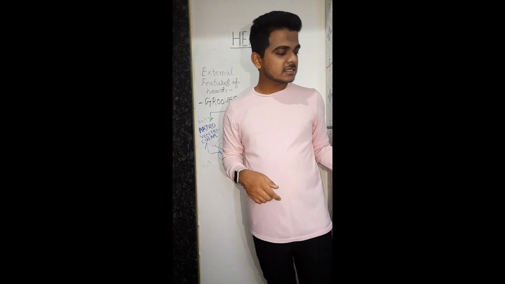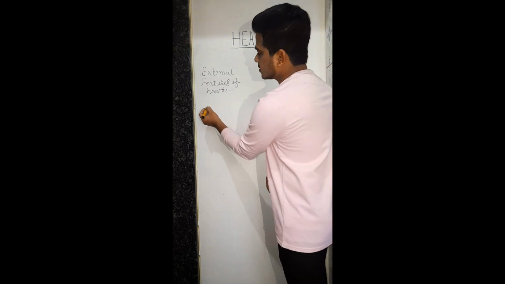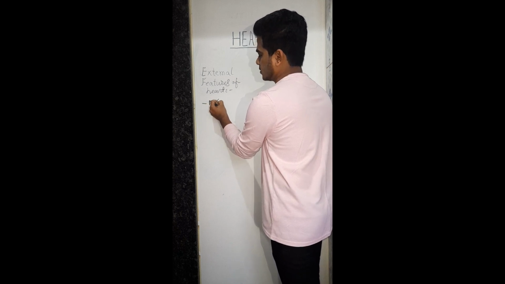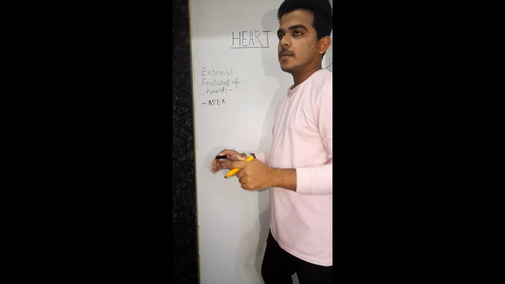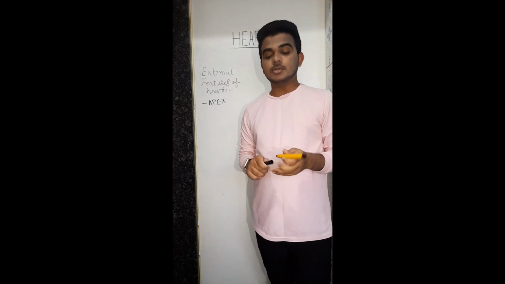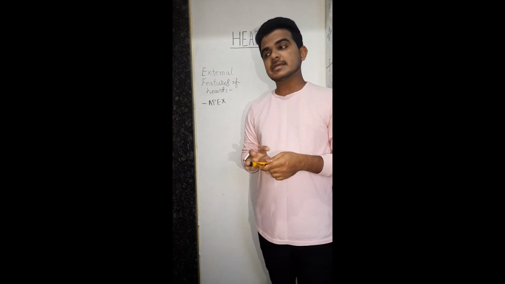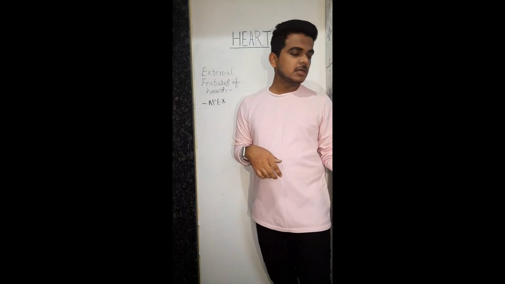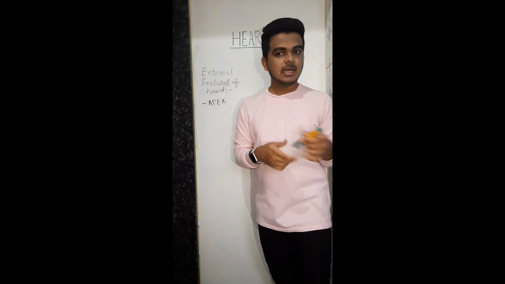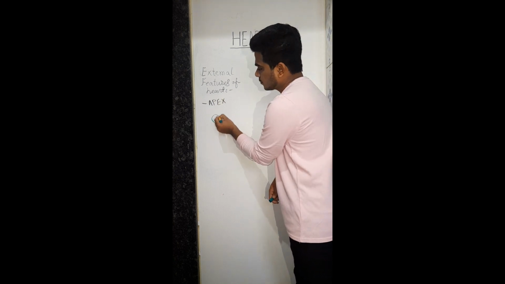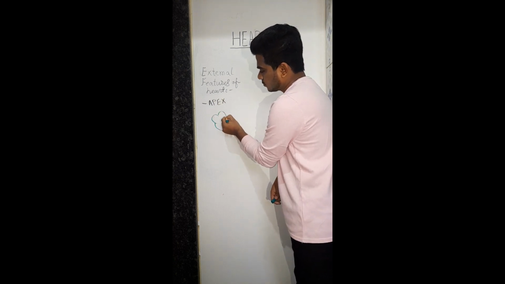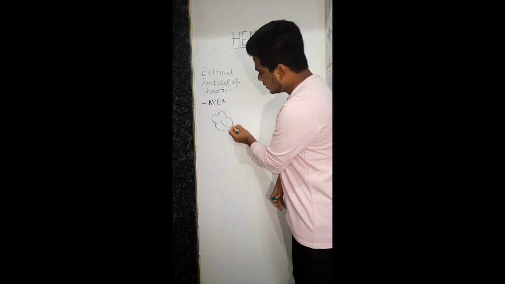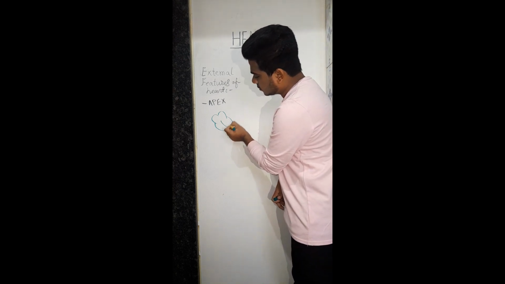Then we can see the next feature, apex. The next external feature is apex. Apex of the heart, it's a very important topic. Apex of the heart is directly downward. If you see, it is the heart, and this is known as the apex of the heart.